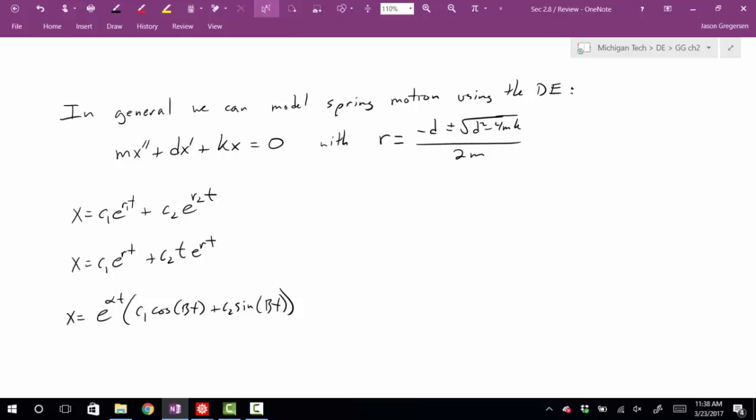Let's take a look at the first one. All right, if I got distinct roots, R1, R2. If those roots are positive, R1 is positive, R2 is positive, what does that tell me about my solution? What does that tell me about the object?